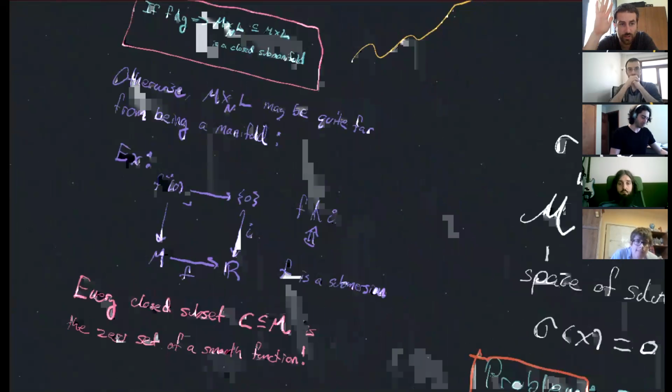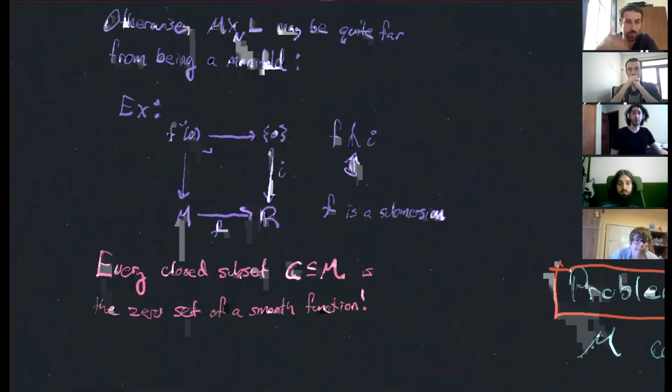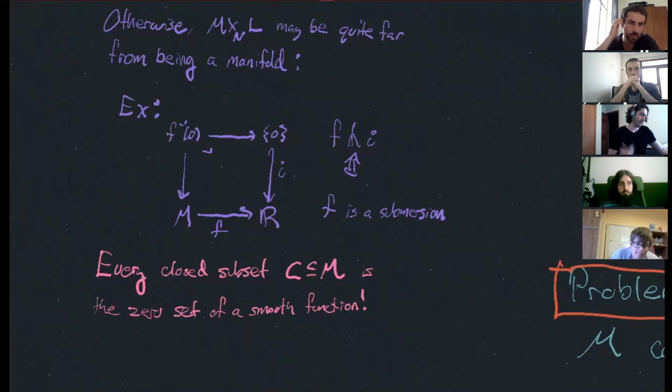Sorry, can I ask a question, David? This might be a really dumb question, but what's the smooth function which gives you the Cantor set as a zero set? Well, in general there's a theorem of Whitney that says any closed set is the zero set of a smooth function.